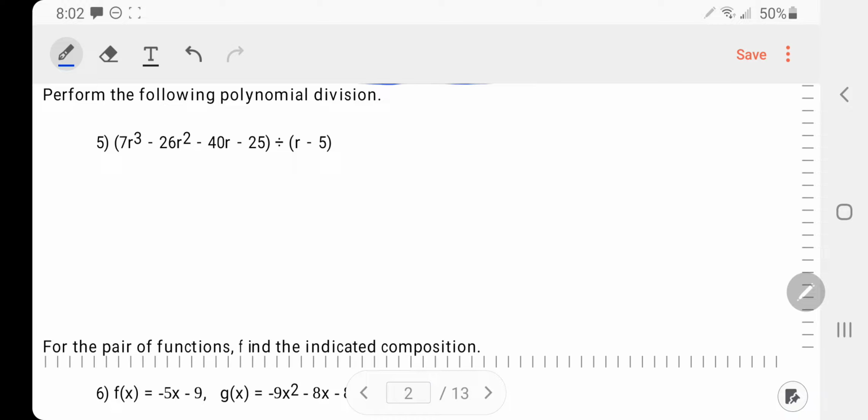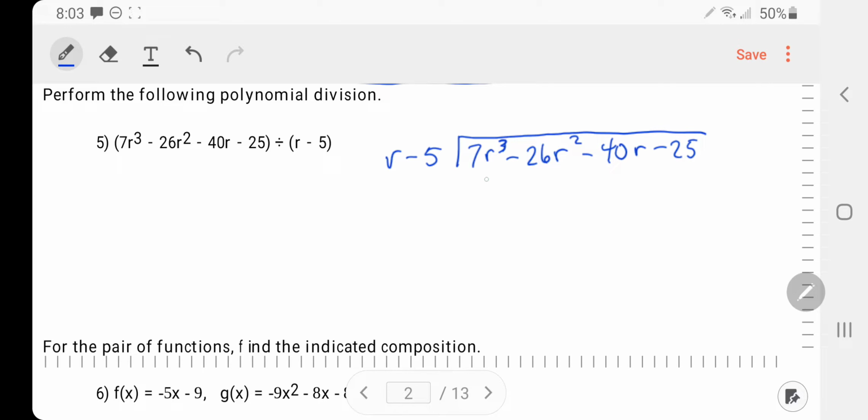Next, perform the following polynomial division. Okay, this is going to be long division. And so what we want to do is take our r minus 5, and we're going to divide that into 7r cubed minus 26r squared minus 40r minus 25.